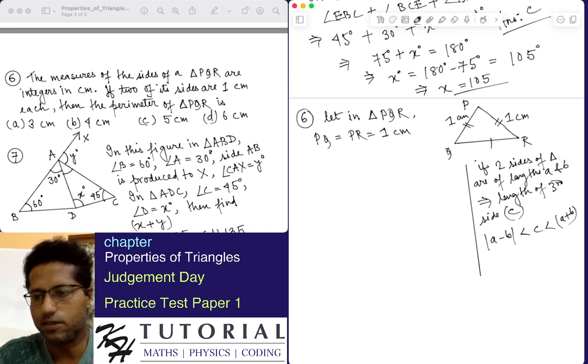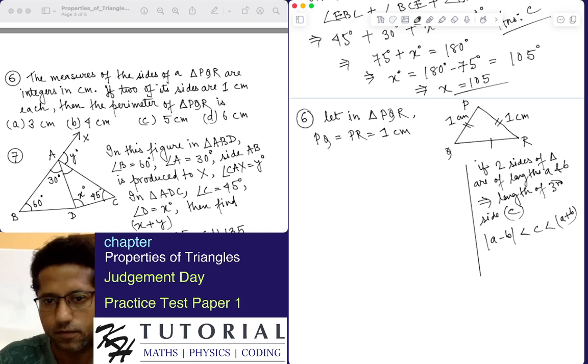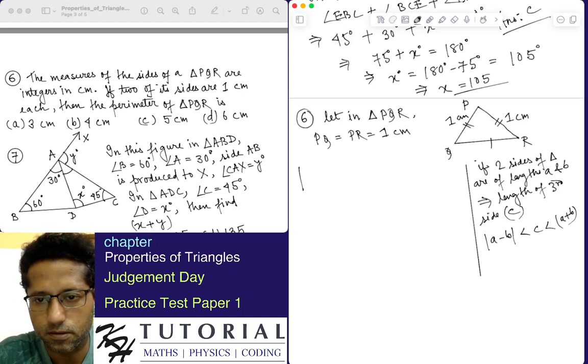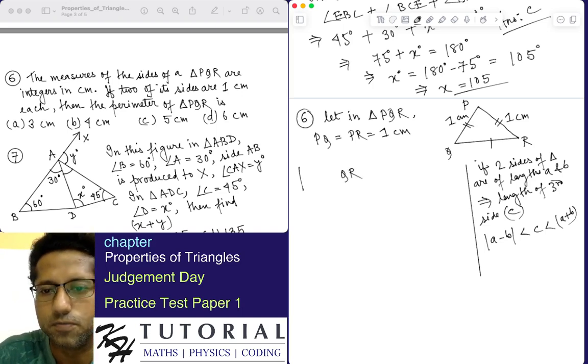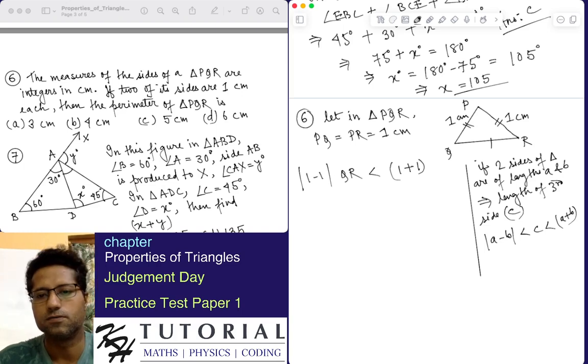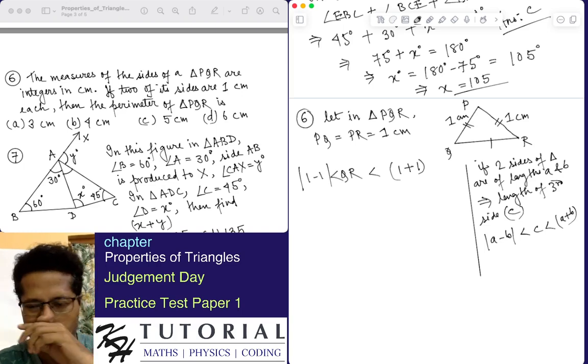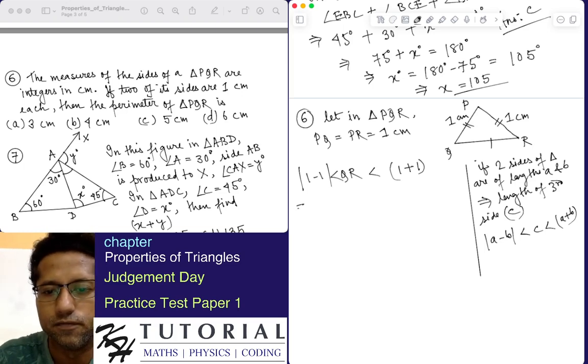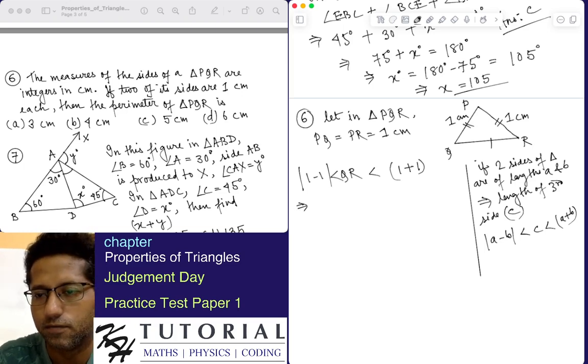If we apply this concept in triangle PQR, the length of the third side QR should be greater than the difference of the two sides PQ and PR, which is modulus of 1 minus 1, that is 0, and less than the sum of the two sides, which is 1 plus 1, that is 2.